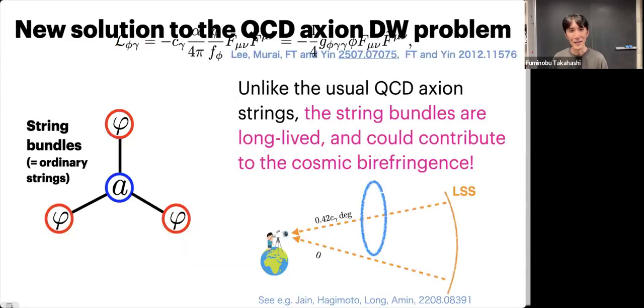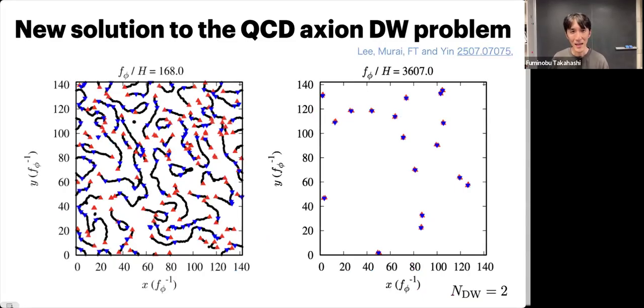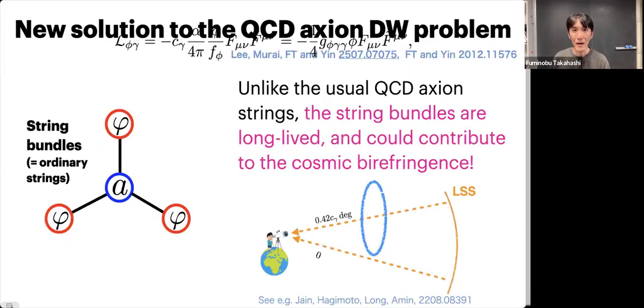And so this is the 2D numerical simulation, and the domain wall network indeed ends up with a bunch of string bundles like this. Sorry, it's difficult to see, but here I introduce the coupling of the light axion to photons. Then if the light axion is almost massless, these string bundles remain in the present universe, and if it is coupled to photons, the cosmic string loop can contribute to cosmic birefringence.